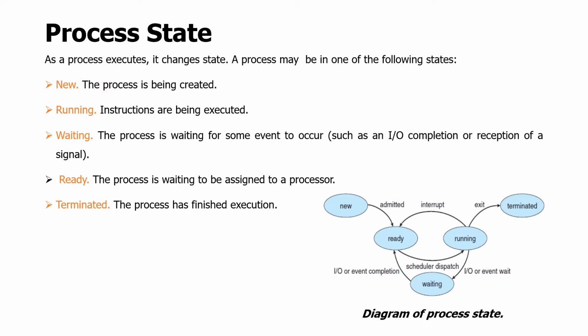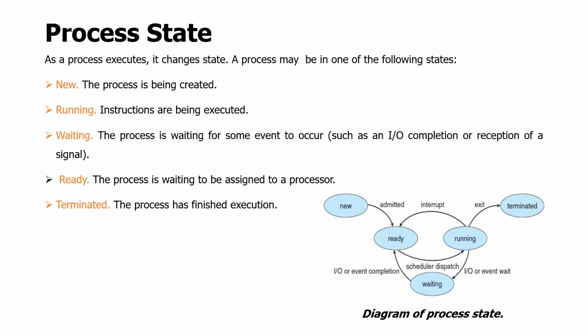All the processes that want access to the CPU have to wait in the ready queue. One by one, the CPU picks the process from the ready queue and executes it. So when the CPU is free, the processes in the ready queue are taken by the CPU and it starts executing them.